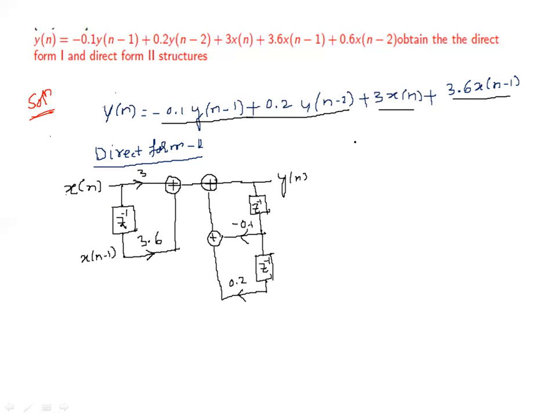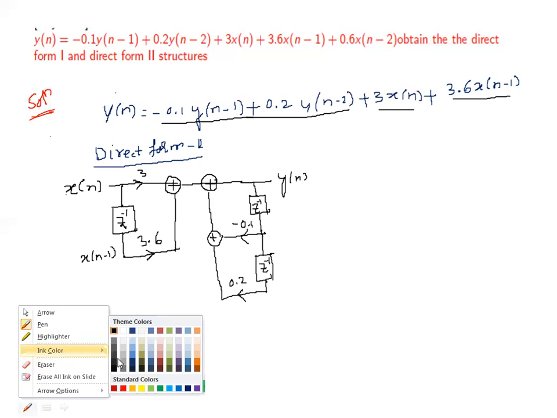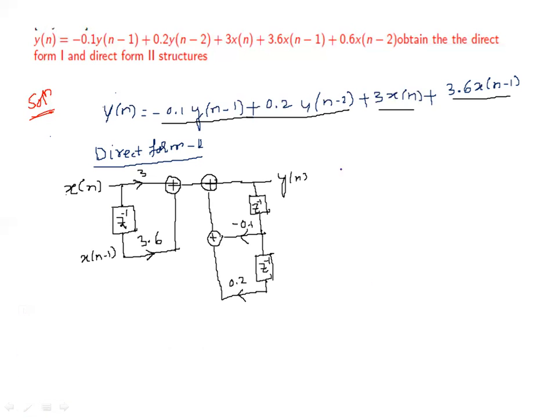Similarly, we'll go for direct form 2 realization. In direct form 2 realization, we know that system 1 and system 2 are interchanged.